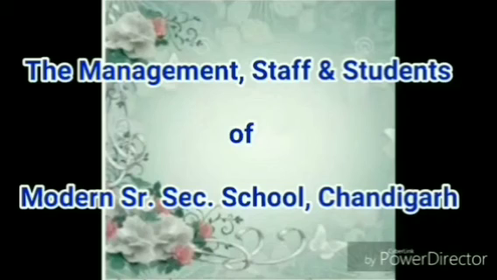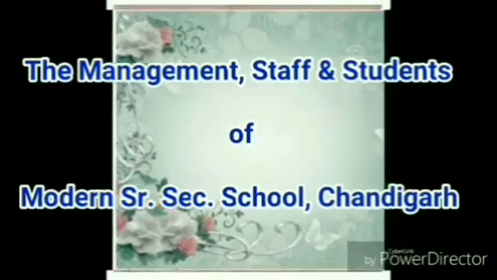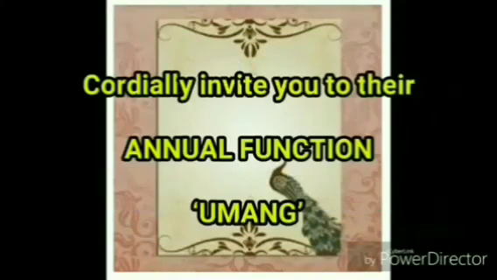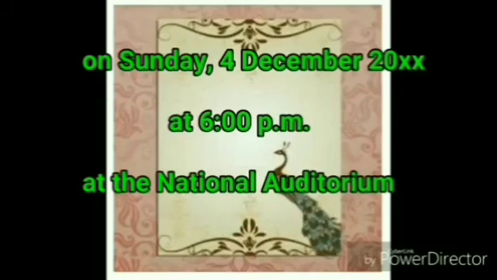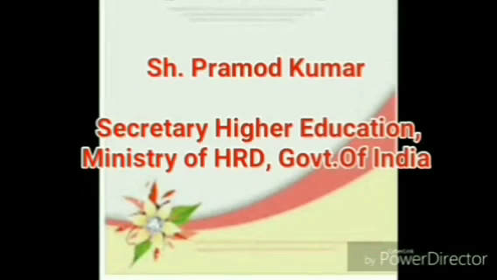Again, the management, staff and students. Next line, Modern Senior Secondary School Chandigarh. Cordially invite you to their, next line, annual function. Leave a line, then again Umang on Sunday 4 December 2020 at 6 p.m. at the National Auditorium. See children, all the subject matter is centralized. You can leave the line.